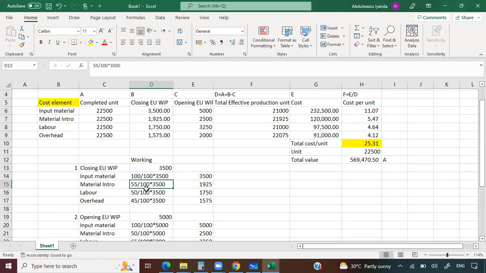For material introduced it is 55%: 55 divided by 100 multiplied by 35, that is how we have 7,500 here. 45% is for overhead: 45 divided by 100 multiplied by 35, that is how we have the 1,575.